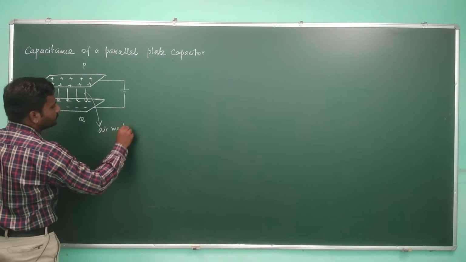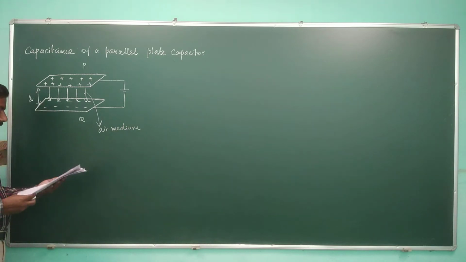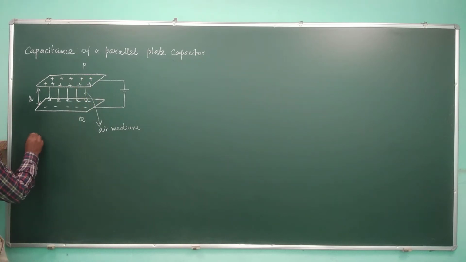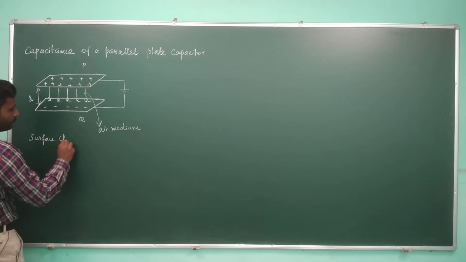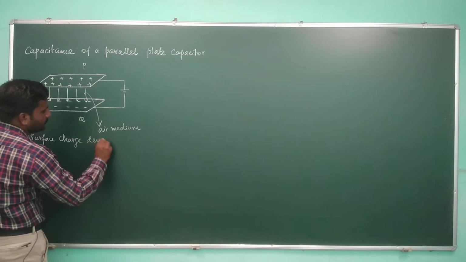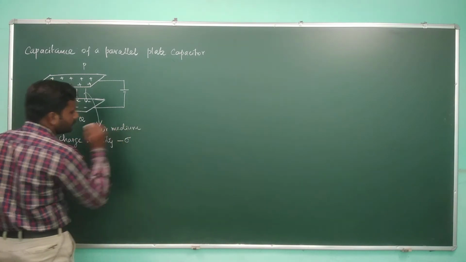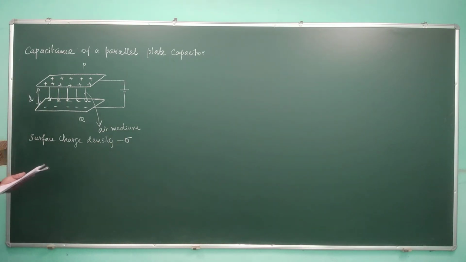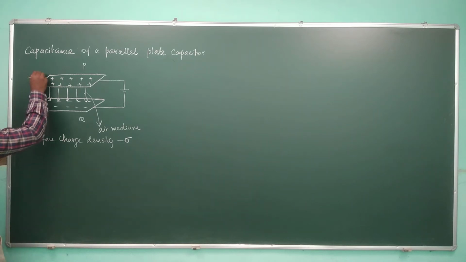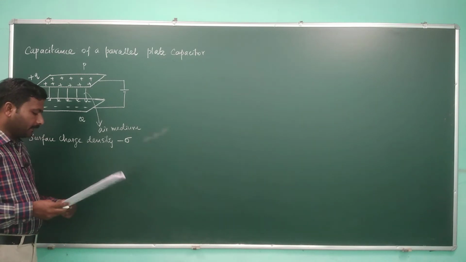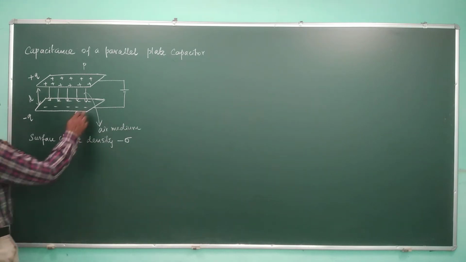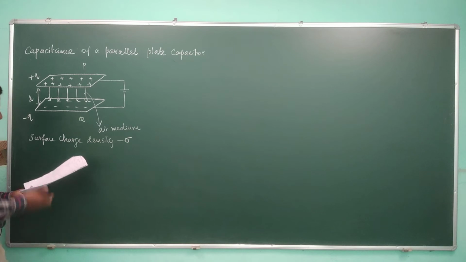Both plates have surface charge density, denoted by the usual notation sigma. So plate P contains plus Q positive charge and plate Q contains negative charge. Assume it in this way.